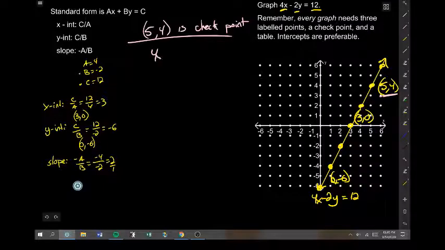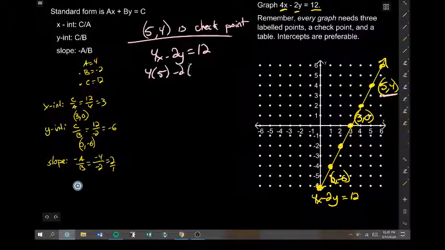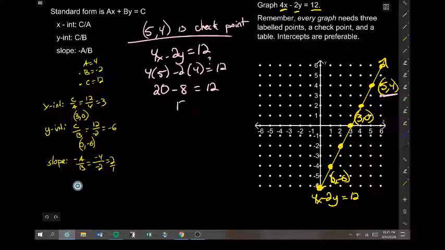I'm going to take my equation, always write the initial equation first. I'm going to plug in 5 for x, 4 for y, and I hope this comes out to 12. So I put that little question mark there. This is a question equals sign, like I'm checking. Does one side equal the other? Well, 20 minus 8 does in fact equal 12. So yes, my checkpoint is good, my line is good.